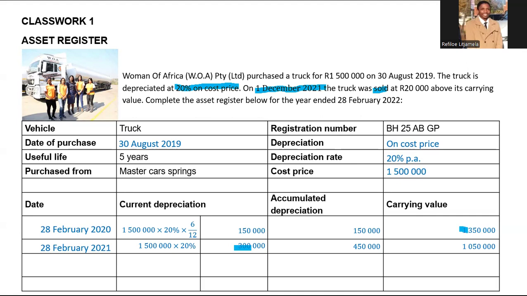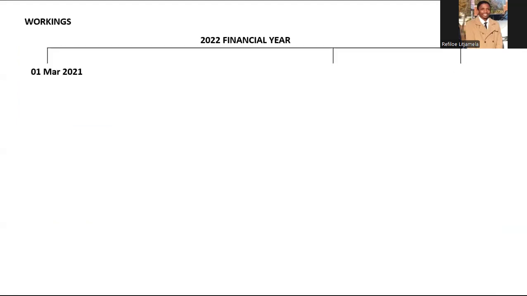It means this truck didn't reach the end of the 2022 financial year. So if the year end was the 28th of February 2022, this truck was sold on the 1st of December, so we only used it from the beginning of the year up to the date of sale.